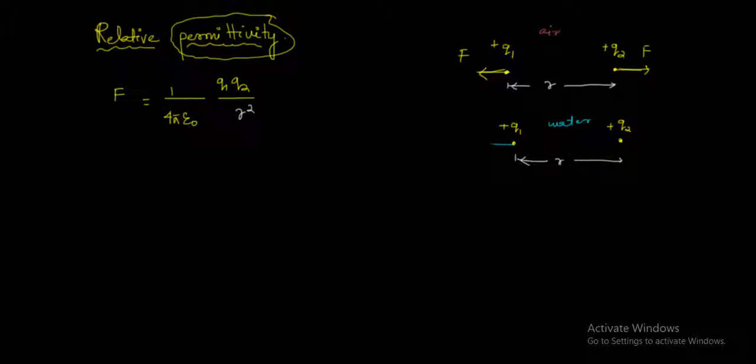I'll say it's F. This force is still given by Coulomb's law: F equal to 1 by 4 pi epsilon, instead of epsilon naught, q1 q2 by r square.